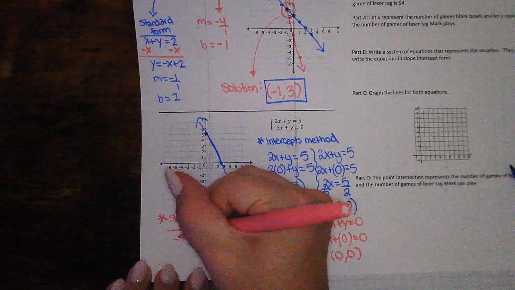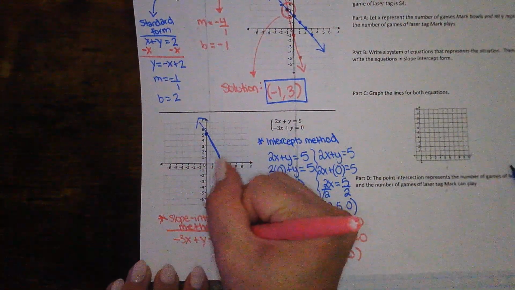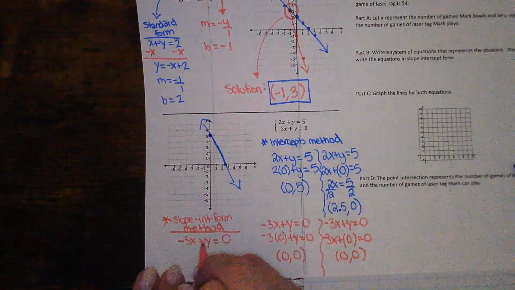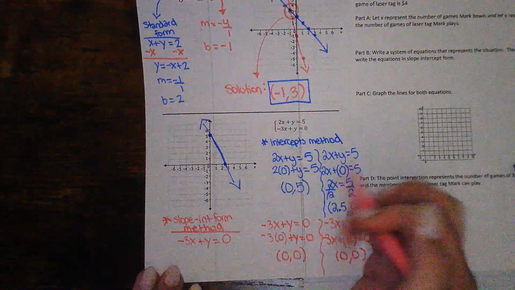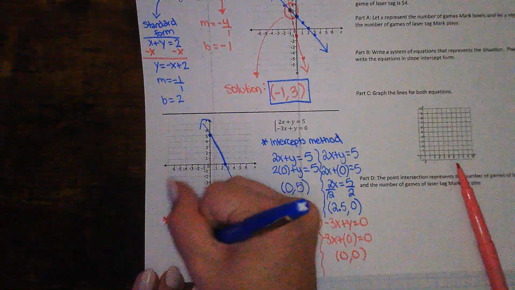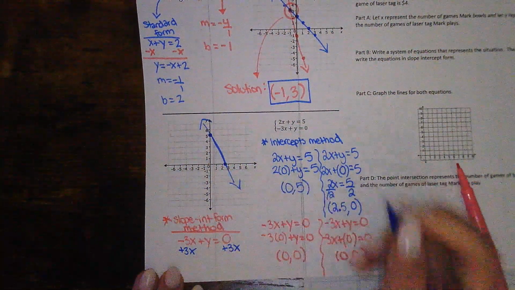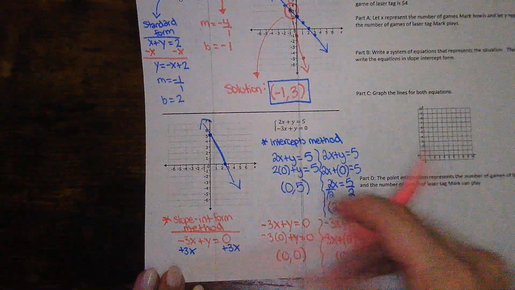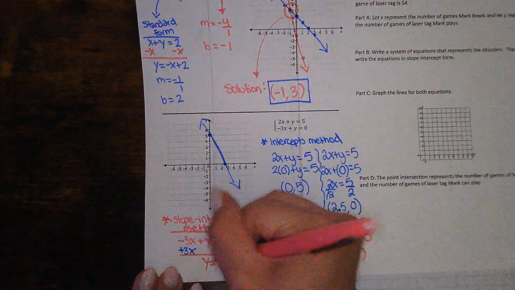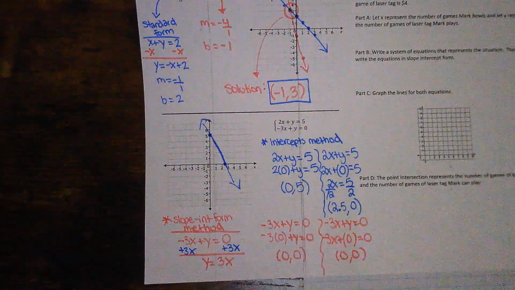So I have negative 3x plus y equals 0. And to get it in slope-intercept form, I'm going to get y by itself, and I'm going to do that by adding 3x to both sides. And then y is going to equal 3x plus 0, or just 3x.